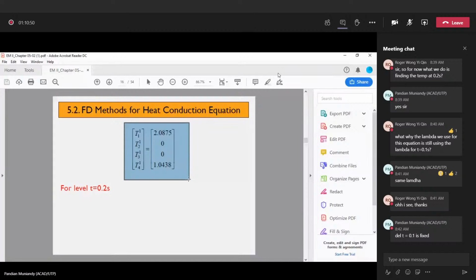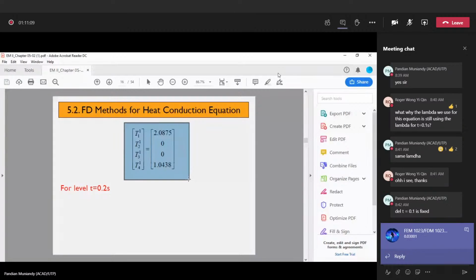T14 is 1.0438 minus 2 multiplied by T130 plus T210. So you calculate now. 0 plus 0.020875 multiplied by 1.0438. The rest are 0. So what is the answer? T3 now.